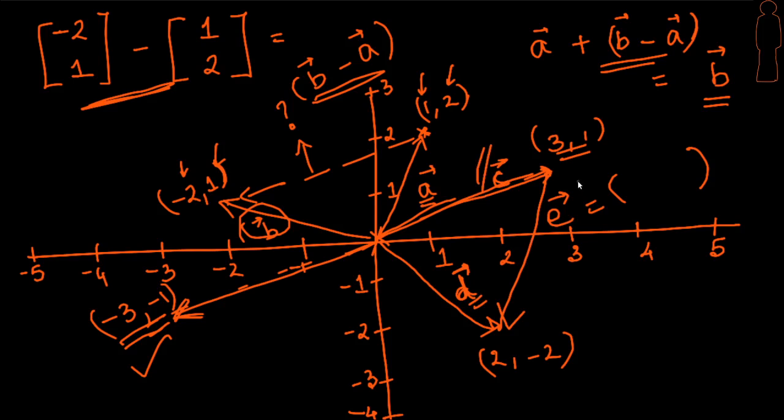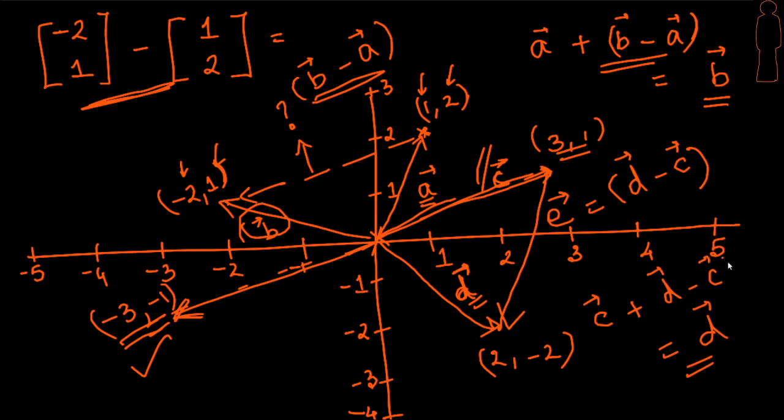So how do I figure that out? First I have walked on C, and I have walked additionally something so that my result is D, which means I should have walked D minus C, because C plus D minus C is my resultant vector, which is D vector.